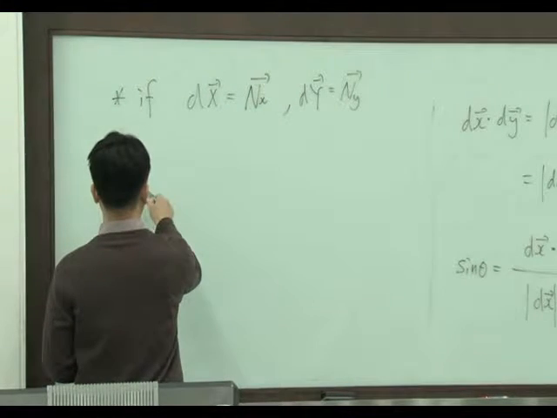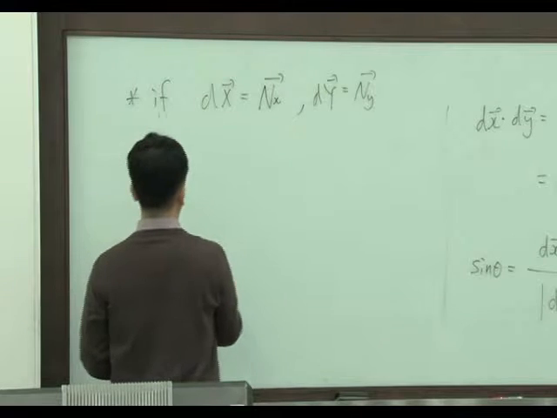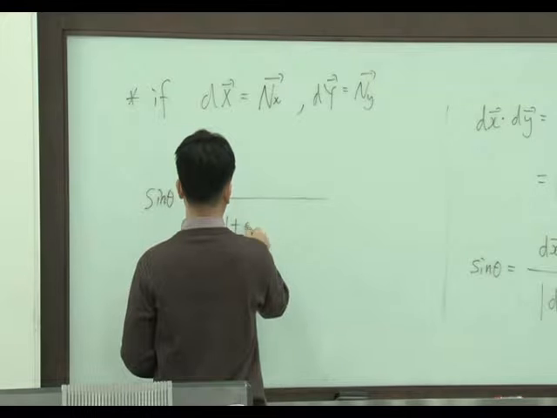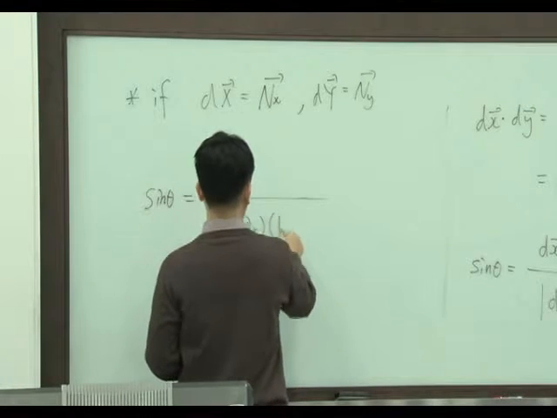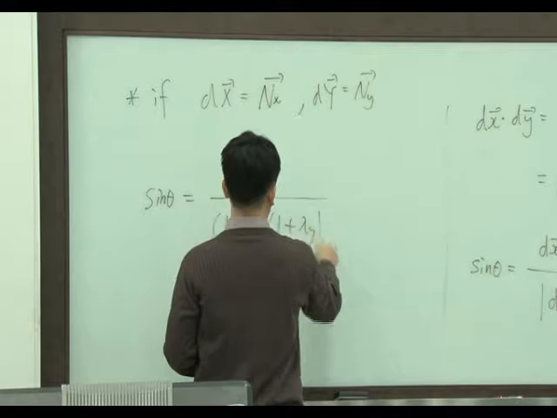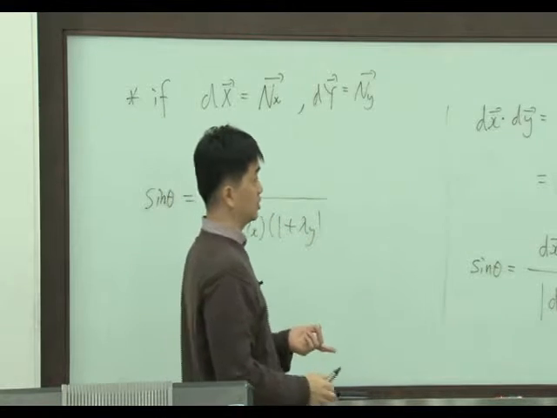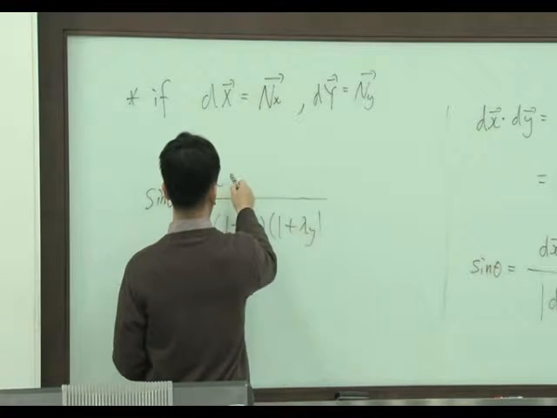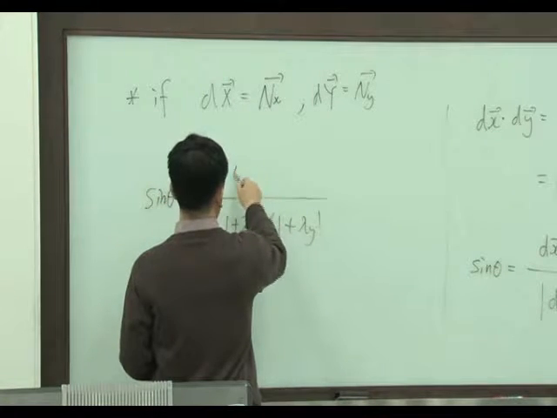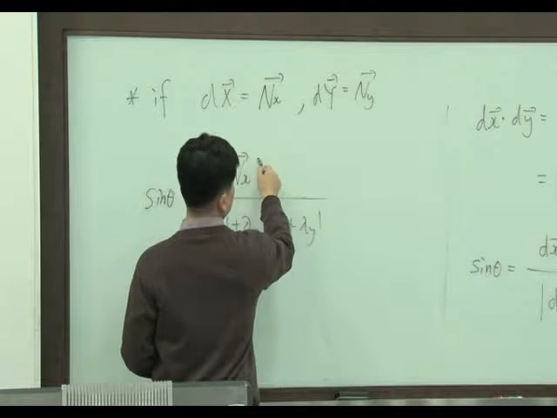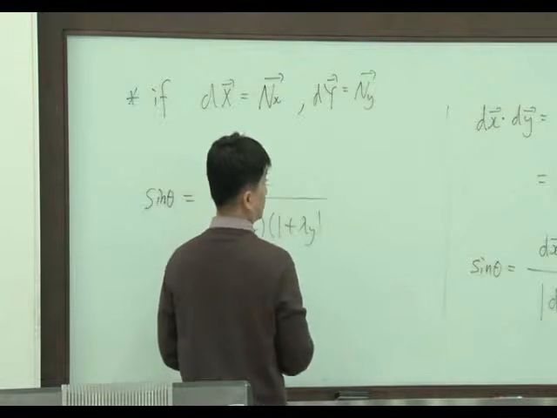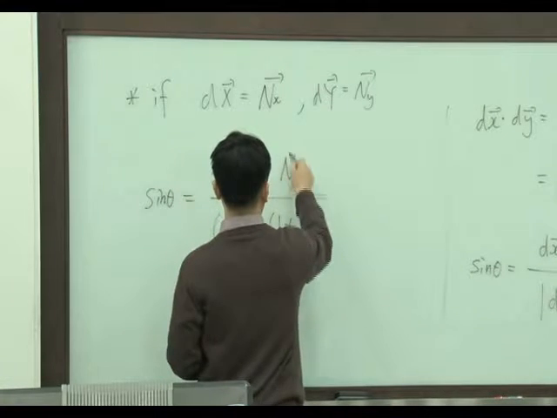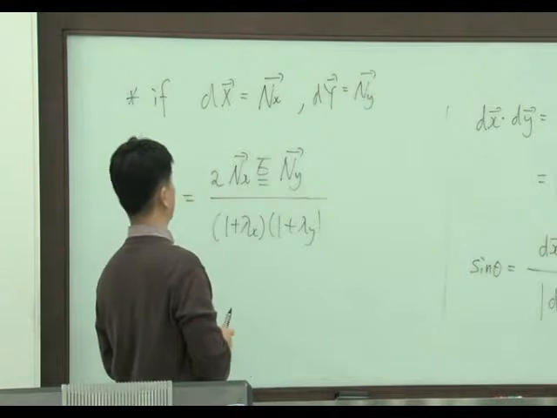Then sine theta equals 2 nX transpose E nY, divided by 1 plus lambda x, 1 plus lambda y, and the magnitude of the n vectors is one. This is our result.